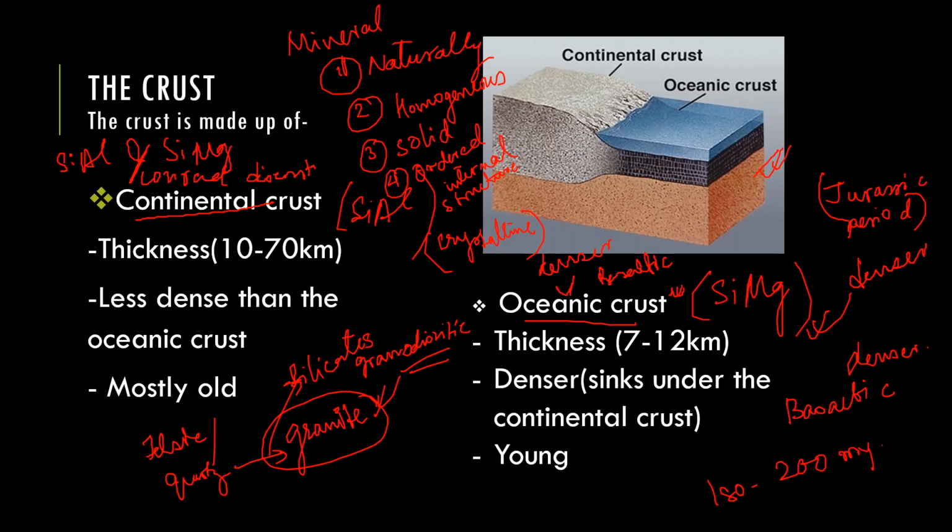It is a cycle of 180 to 200 million years. That's why the oldest oceanic crust which we observe belongs to the Jurassic period.